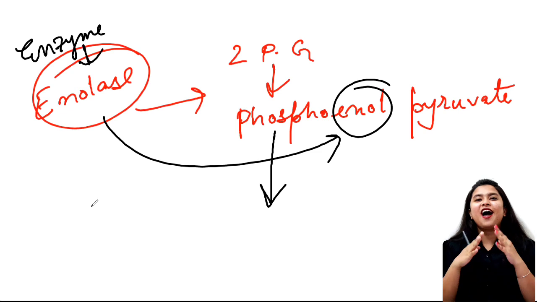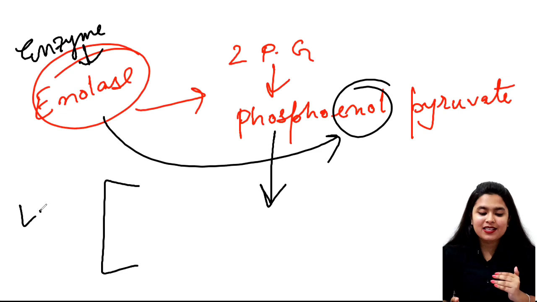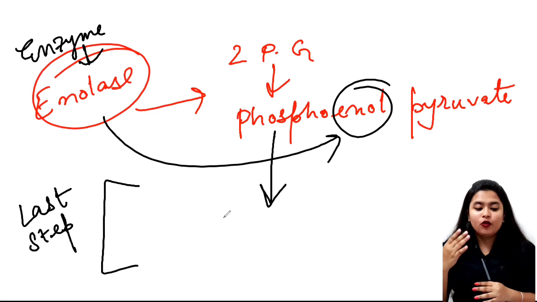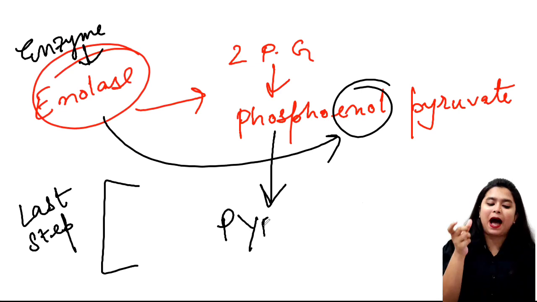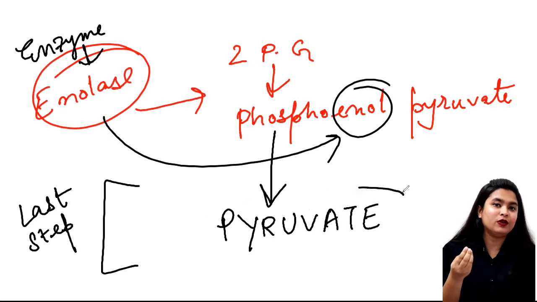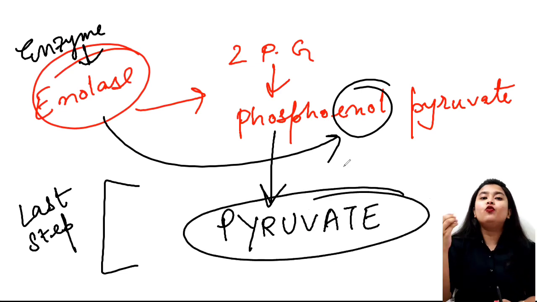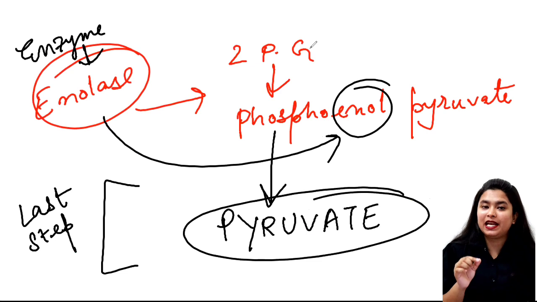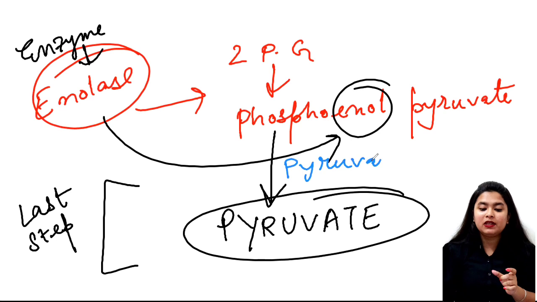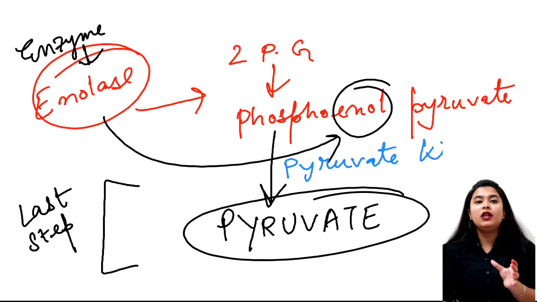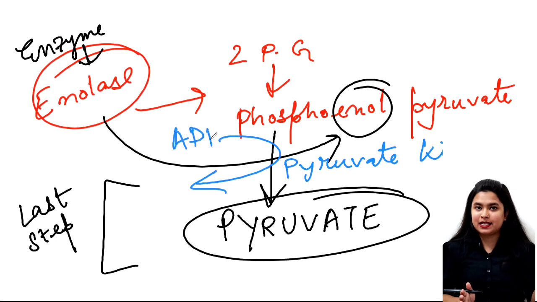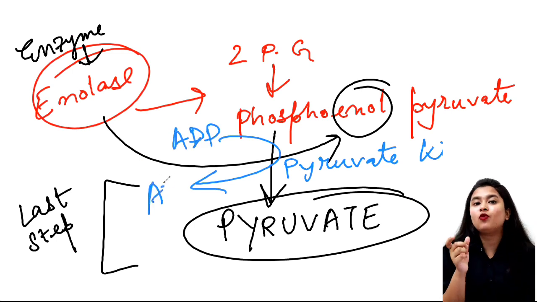Now we are heading to the last step of glycolysis, that is phosphoenol pyruvate will be transformed into pyruvate with the gaining of another ATP molecule. That means here also in the reaction we are providing ADP, and the phospho group is getting detached from the molecule. Here the enzyme working is pyruvate kinase.